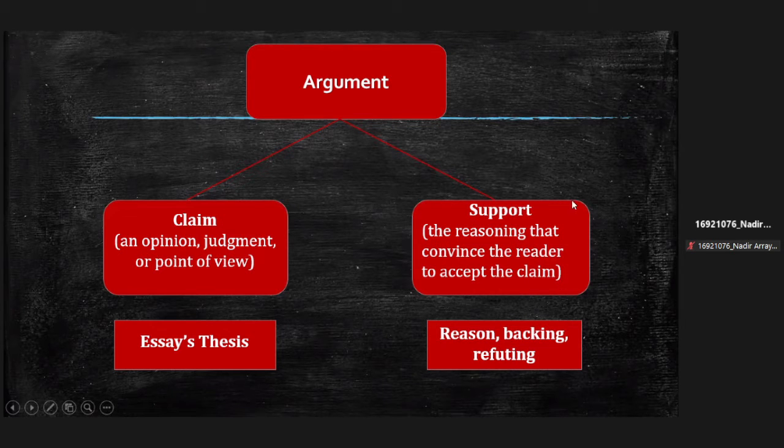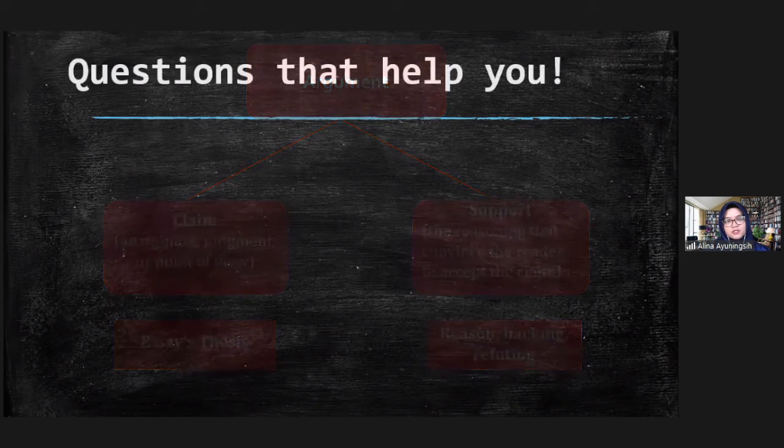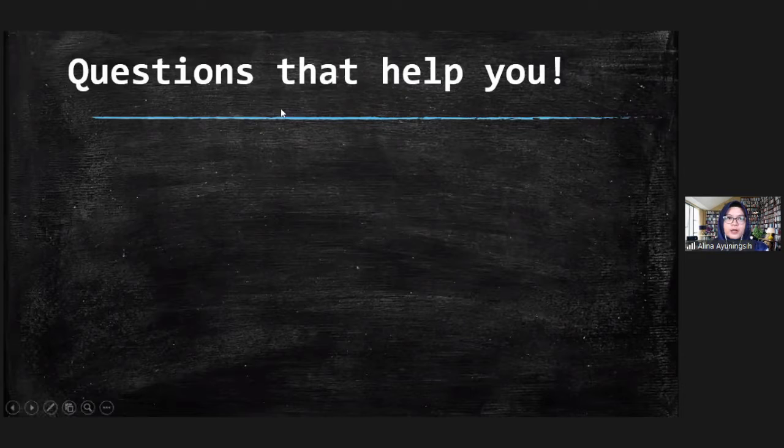So now when you get the argumentative essay, you read the argumentative essay or the article. Now you need to start to analyze which one is the claim, which one is the supporting details like the reason, backing, and refuting. Of course, you need help by using questions.